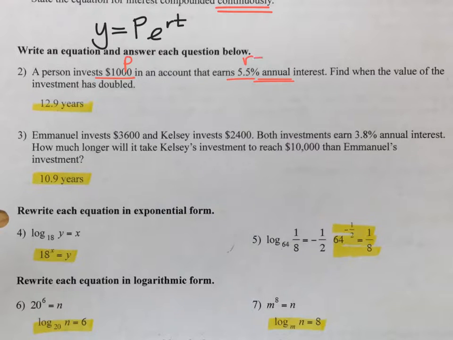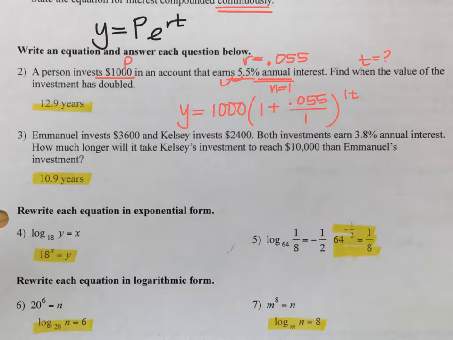This is my r, but I need to change it to a decimal, so when I move it 2 places, that becomes 0.055. n is annual, so that's 1 time per year, and t they don't give me, so t is going to be my x value, or you may write down that t is a question mark. So my formula is y equals 1,000(1 + 0.055/1)^(1 times t).